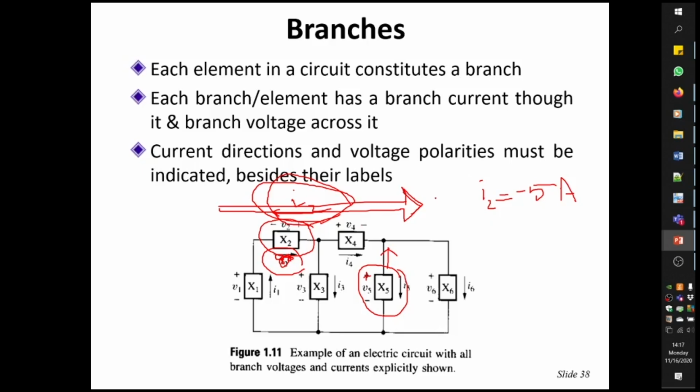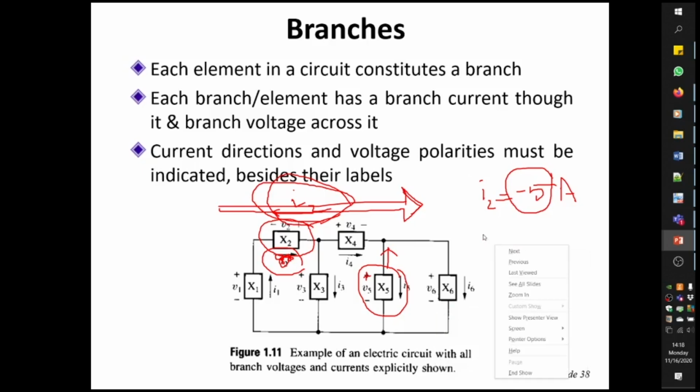That is still fine. So if I summarize the entire thing, whatever labeling you do, ultimately the numerical value that you obtain and its sign is going to tell you the exact direction of the flow of positive charges. So it doesn't really matter.